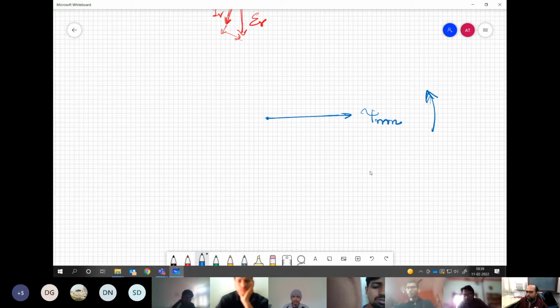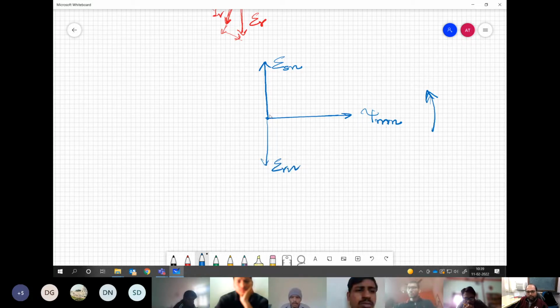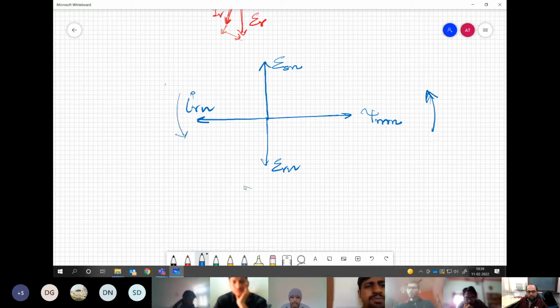What we will have is the nth harmonic voltage, say ESN, generating the psi mn, and this is generating ERN, and ERN is generating IRN. Understanding my point? So this is all positive sequence.